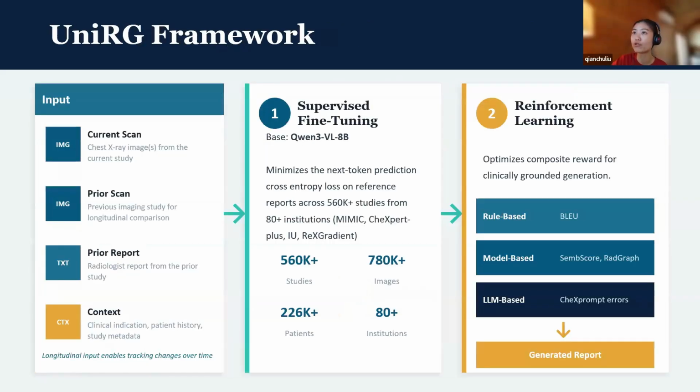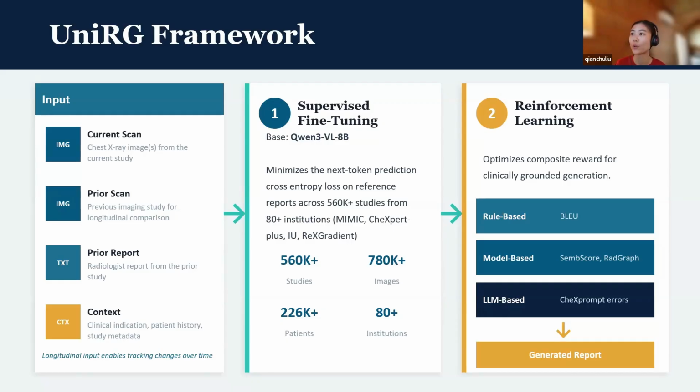And then to address these challenges, we propose a training framework called UniRG, which stands for Universal Report Generation. And this hopefully should be applicable not only for radiology, but also for different modalities, which would be the future work.